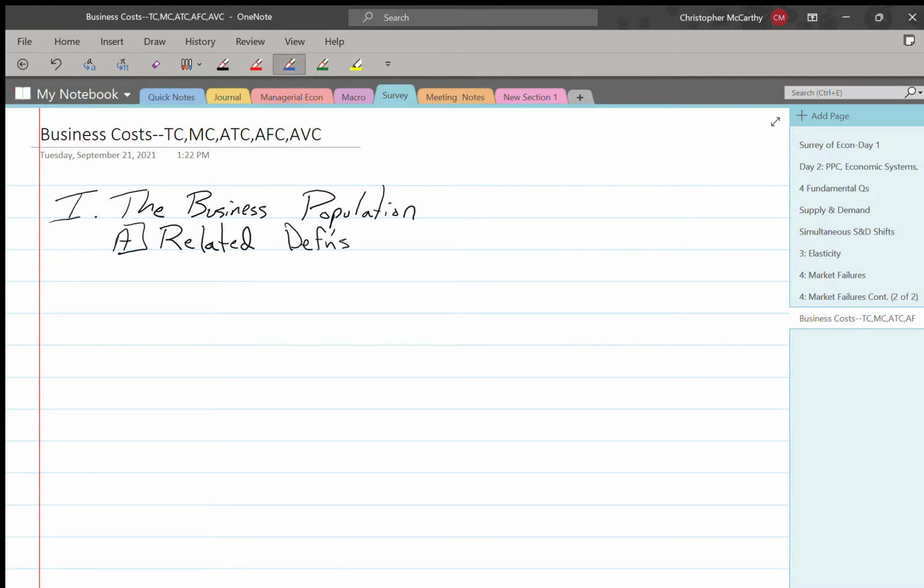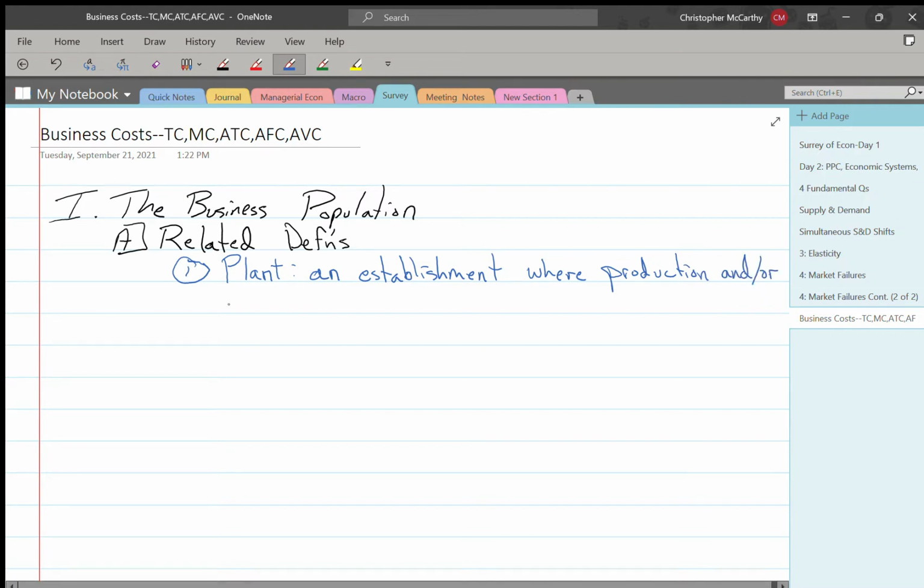And so the first definition of import is a plant. So this is not flora, right? This is talking specifically about an establishment where either production and/or distribution take place.